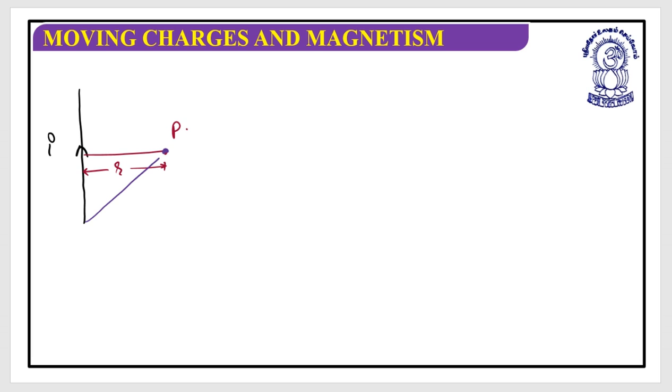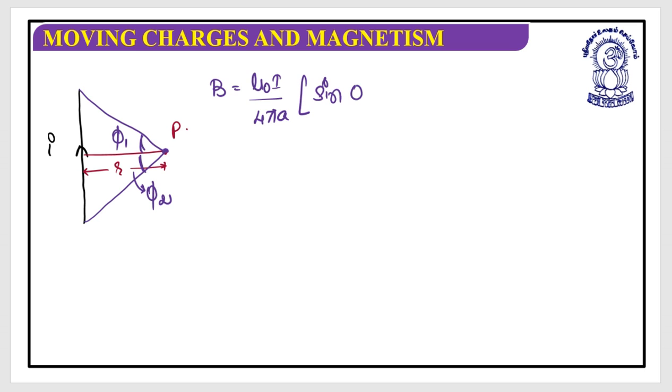This is the first line, the first end covered, and this is the second line, the second end covered. Let's call this angle phi 1 and this angle phi 2. Then you can write B equals mu naught I divided by 4 pi a multiplied by sine phi 1 plus sine phi 2. This is just the magnitude according to the Biot-Savart law.